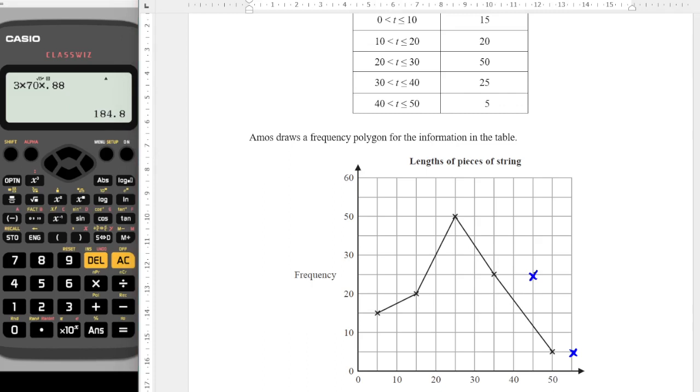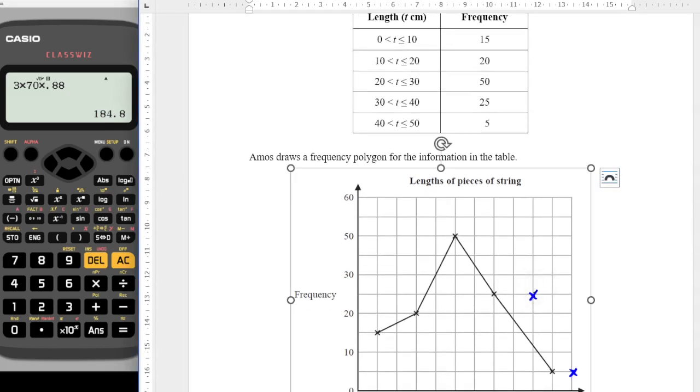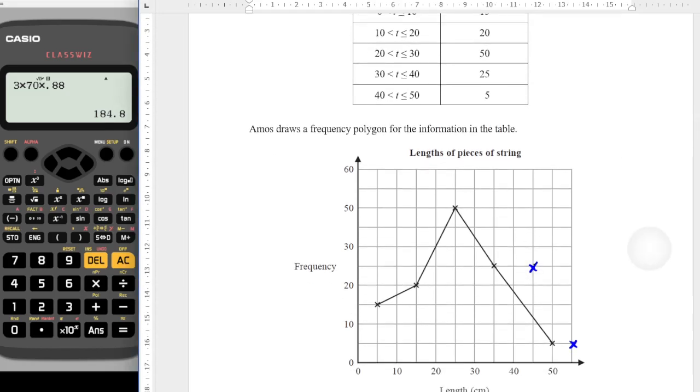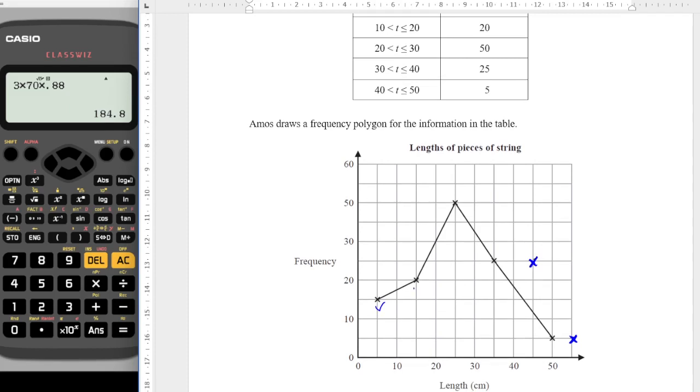No, sorry, I've talked a bit of nonsense there. So I should have been plotting these at the midpoints, so I agree with that one. Let's actually just check whether we agree with them properly. So I would have plotted 5, 15, so I agree with that point. Then I would have agreed with 15, 20, so I agree with that point. Then it should have been 25, 50, I agree with that point.